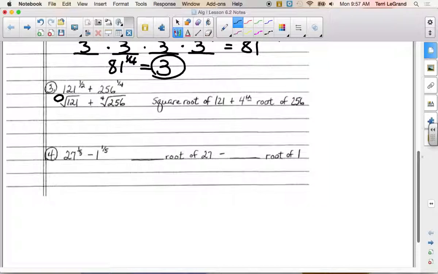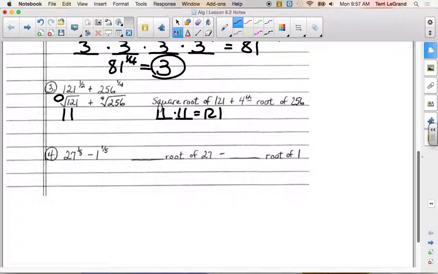If there's not a number there, you're looking for the second root, the square root of that number underneath the radical sign. So we're looking for the square root of 121. Let's start there. That means we have to find something times itself that equals 121. What is that? 11. Yeah. 11 times 11 is 121, so this becomes 11.